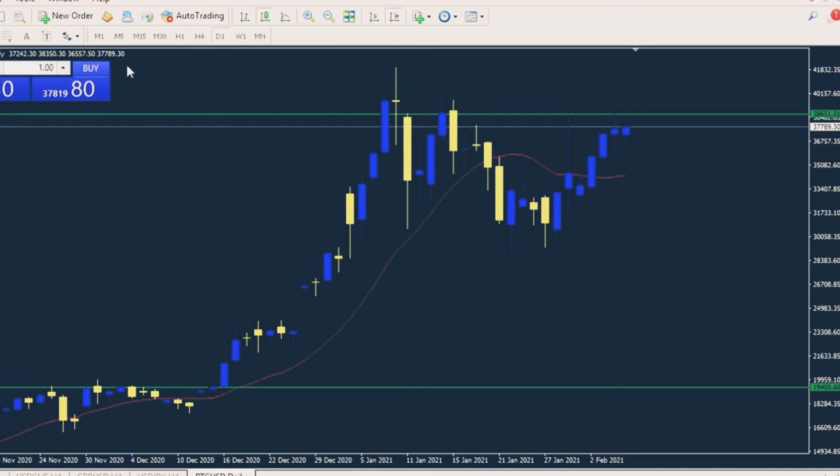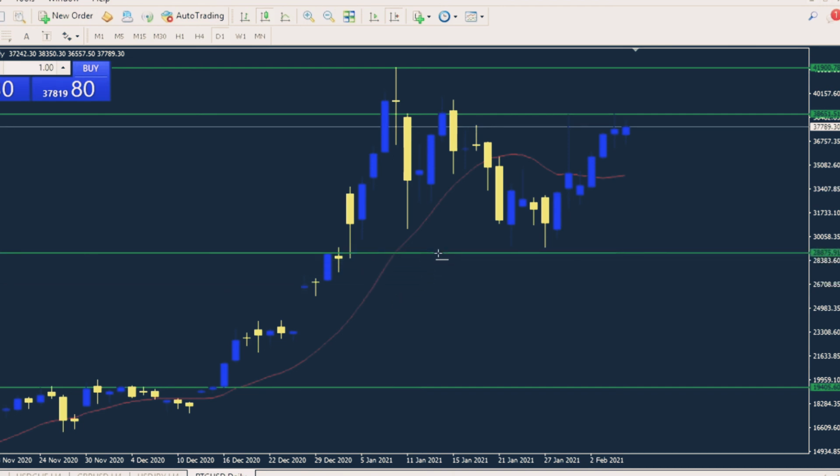And when it got to this level, it pushed high up to 41,000 before the supply came in and it begins to back down. And then it backed down up to, what's that price level? It backed up to 28,000. Actually, you can call that a pullback or a retracement.